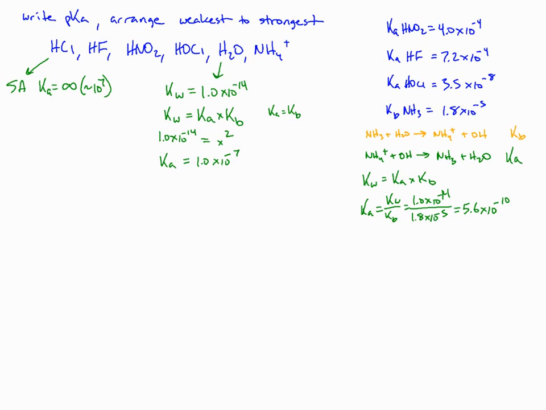All right. So let's just go through this list here. You already know the formula that I've talked about. pKa is the negative log of Ka. And so I'm just going to go through and write the pKa's right above each of these.